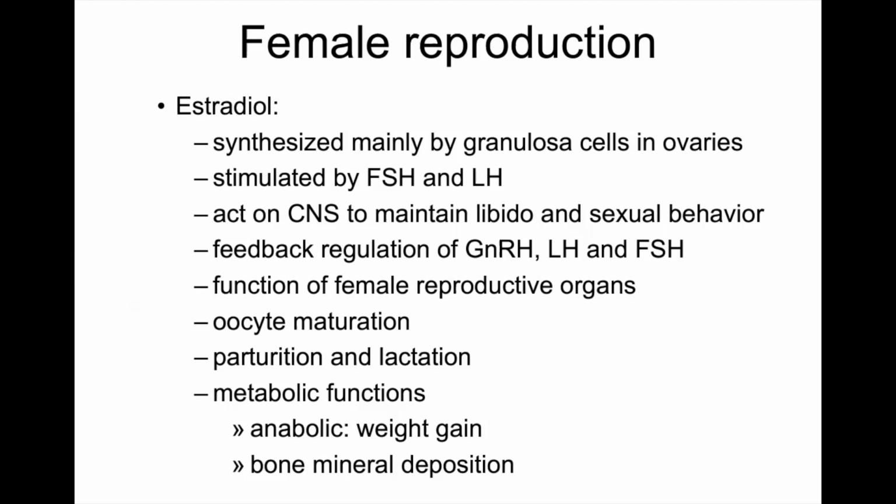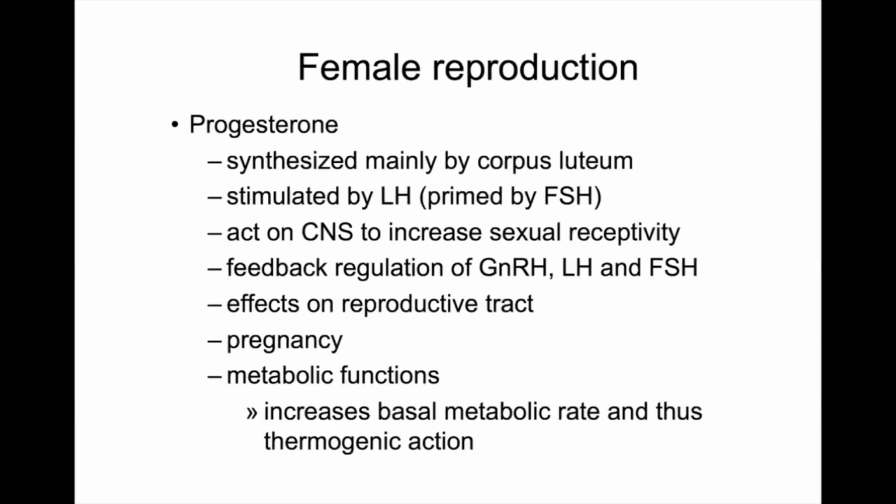It also provides feedback regulation of gonadotropin releasing hormone, luteinizing hormone, and follicle stimulating hormone, although it isn't always unidirectional negative feedback as occurs in the male. Things do get complicated depending on overall hormonal levels. Estradiol also plays a critical role in egg maturation, lactation, giving birth, weight gain, and bone mineral deposition.